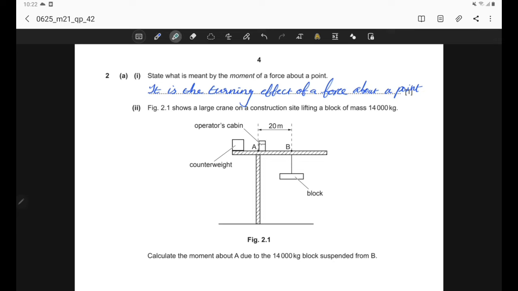Part 2. Figure 2.1 shows a large crane on a construction site lifting a block of mass 14,000 kilogram.